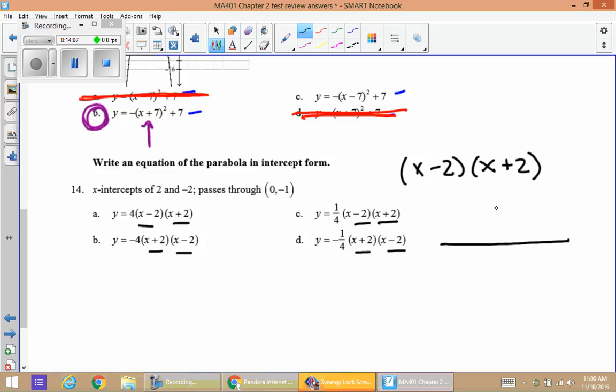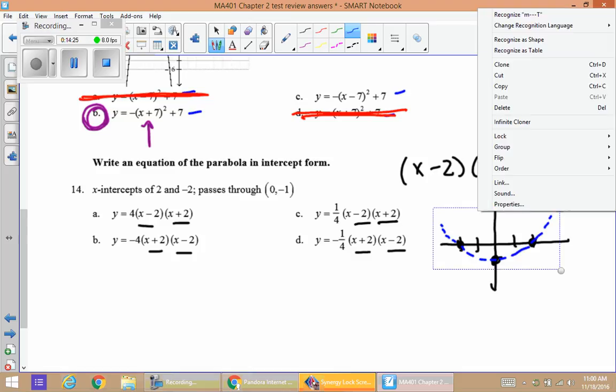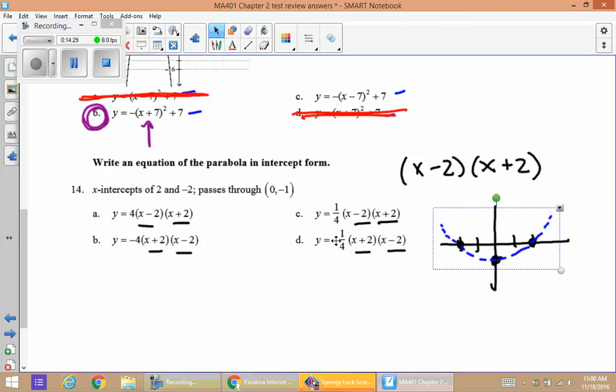So let's see if graphing it does. We've got 2 here, 1, 2 here, and then 0, -1 is right here. Which way does this mean this opens? Can you see which way it opens? It's going to open this way.